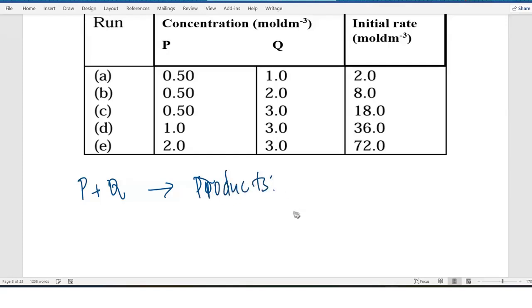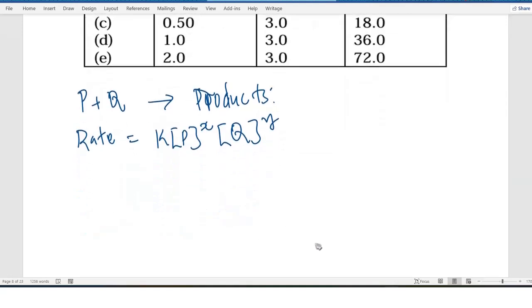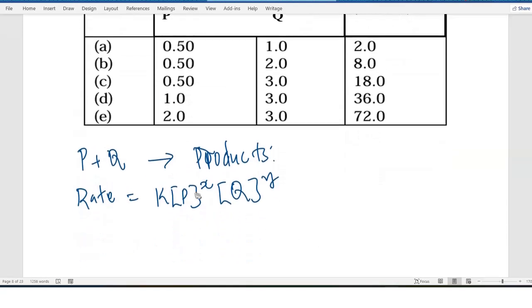So now that means our rate equation is going to be K times P power X, then Q power Y. So the order of reaction with respect to P is X, the order of reaction with respect to Q is Y. And how do we deal with such a scenario?